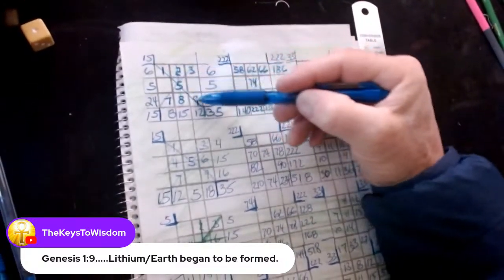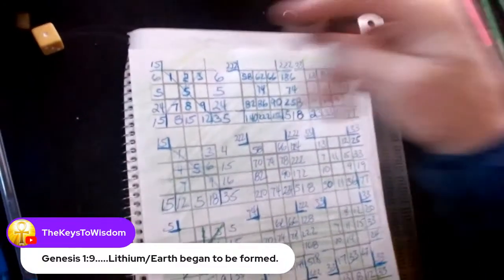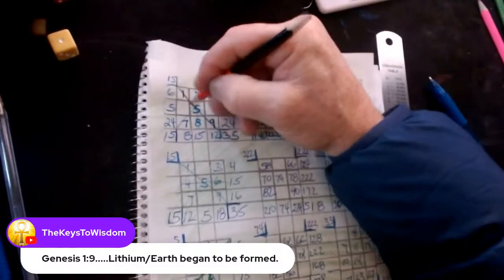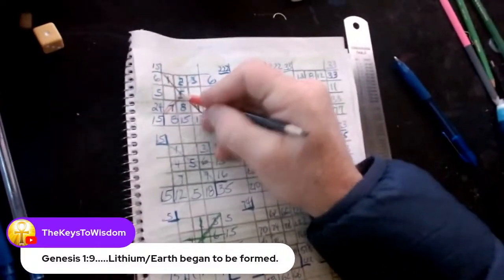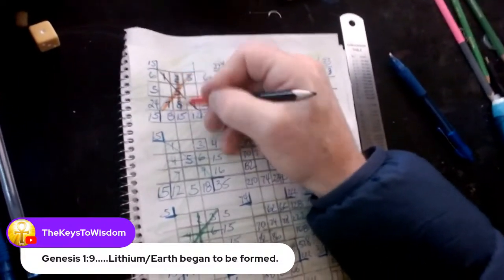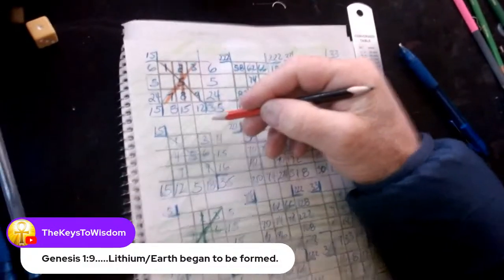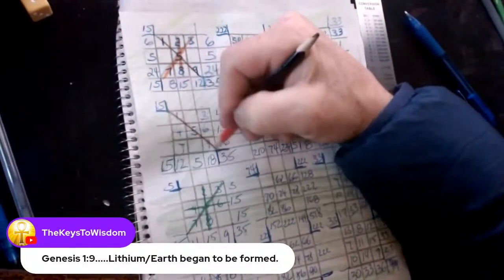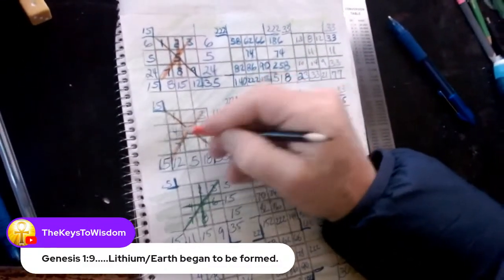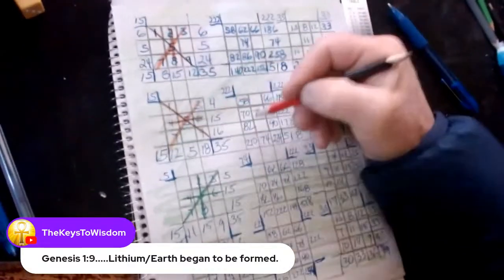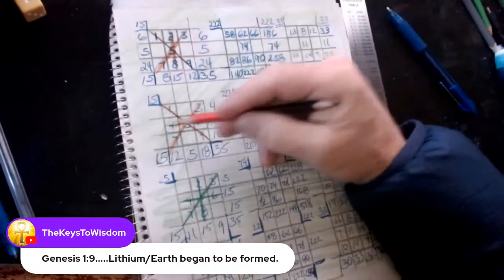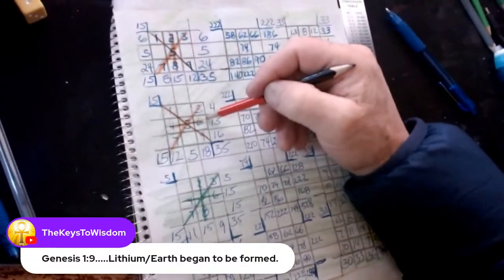We create a star. Let me see if I can get this right. Star. Difference between this star and that star is this is going across, this is going up.